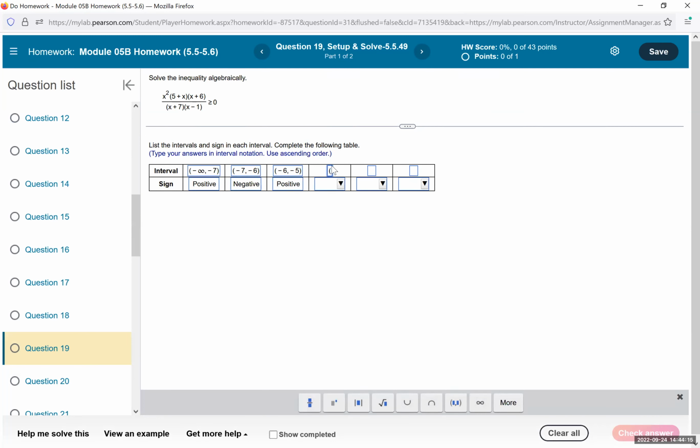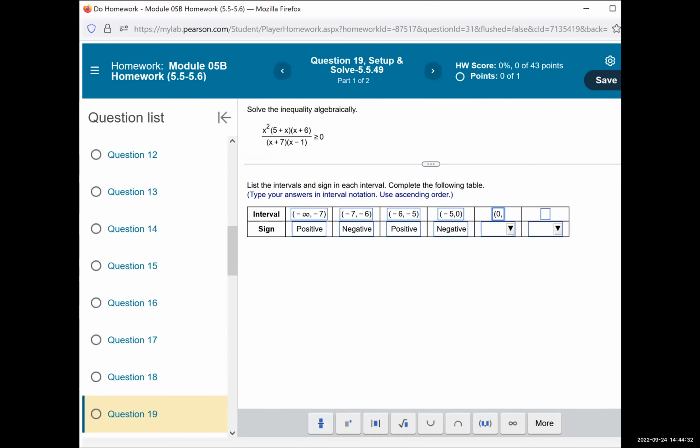Then we went all the way from -5 to 0. And that was negative. And then we went from 0 to, I got to look, I don't remember. It was 0 to 1.